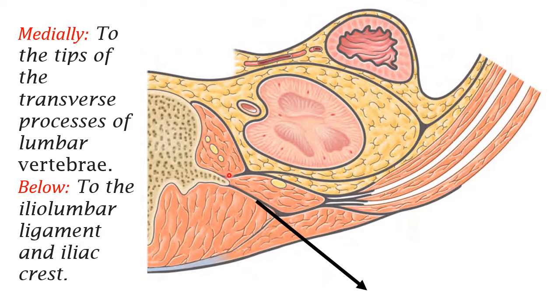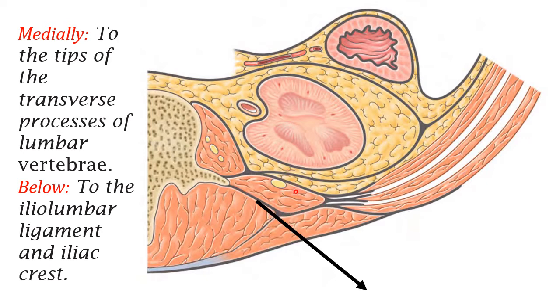Here you can see the anterior layer of the thoracolumbar fascia, and what is going to happen to the medial extension of the middle layer. The middle layer medially attaches to the tips of the transverse processes of the lumbar vertebrae, and below it forms the iliolumbar ligament along with the anterior layer of the thoracolumbar fascia. So in this picture, you can identify this is the anterior layer and this is the middle layer of the thoracolumbar fascia.